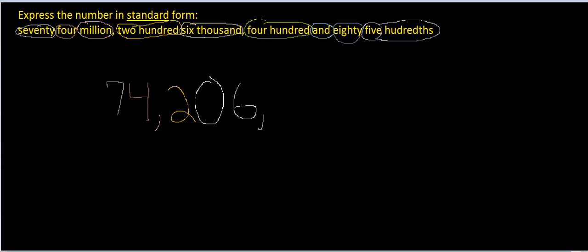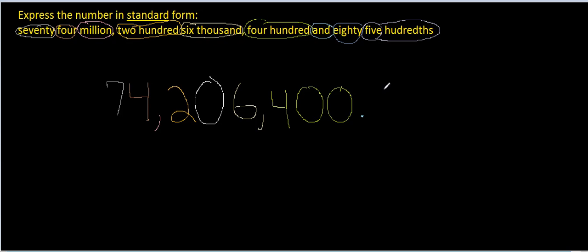And then we go to 400. Now after that I see "and." If I see 400 and I don't see any 10s or 1s, then I know I can represent 400 as zeros. "And" is always a decimal point.